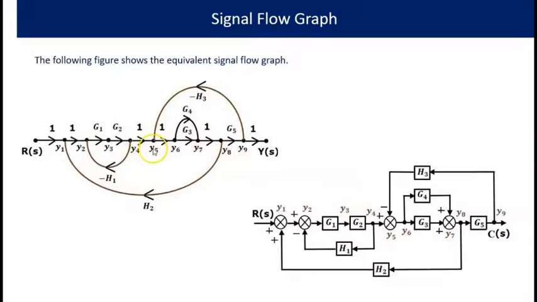This feedback, then this feedback from Y4 to Y2, and this from Y8 to Y1, another feedback. So show all parallel paths, feedback paths, etc. Like this, in this way, we can draw a signal flow graph from the block diagram.